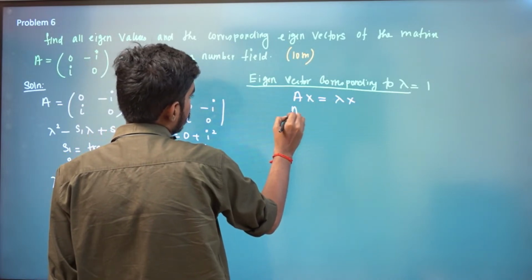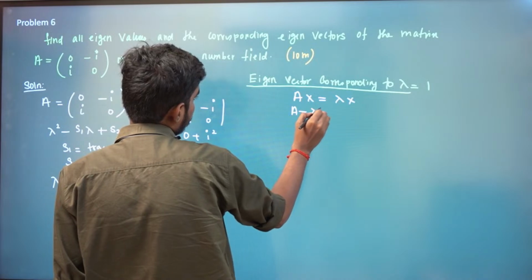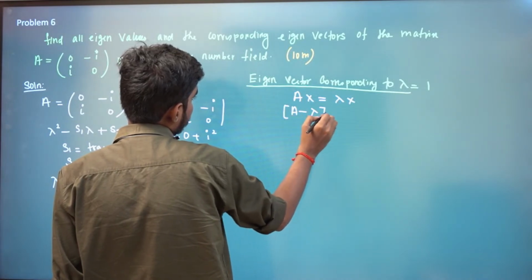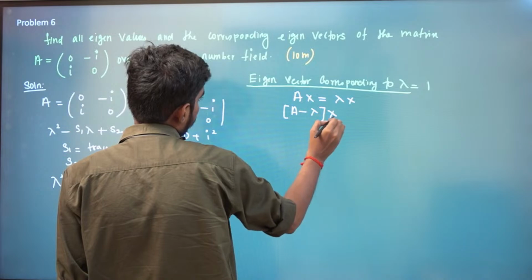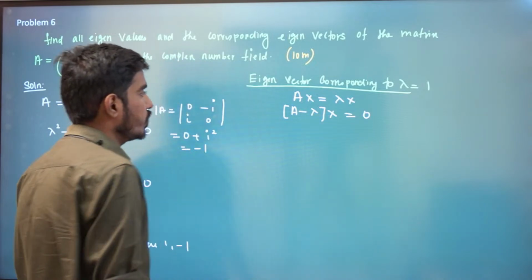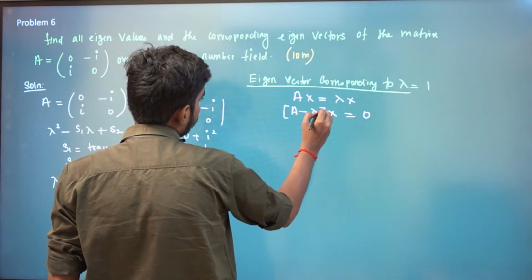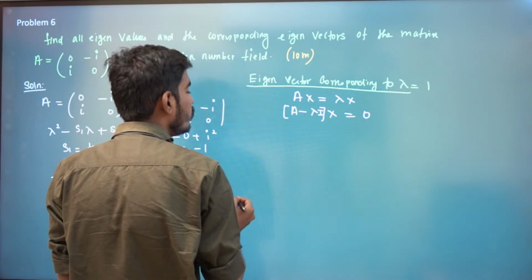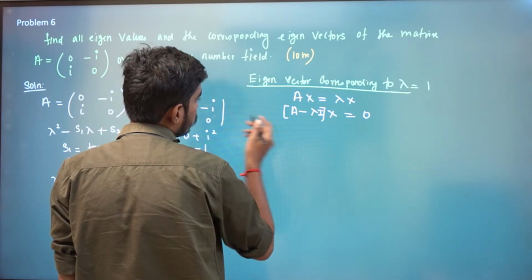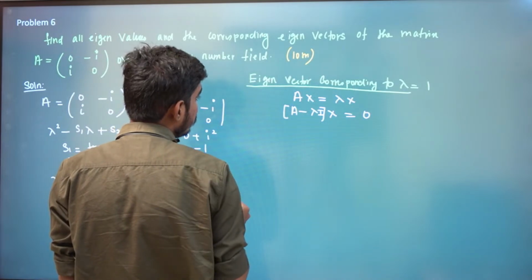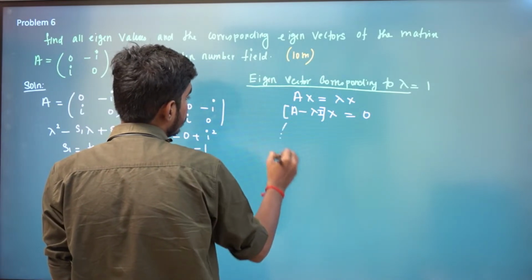That means Ax minus lambda x is equal to 0. If you take x outside, (A minus lambda I)x is equal to 0. So we'll find x. So what is A minus lambda I?